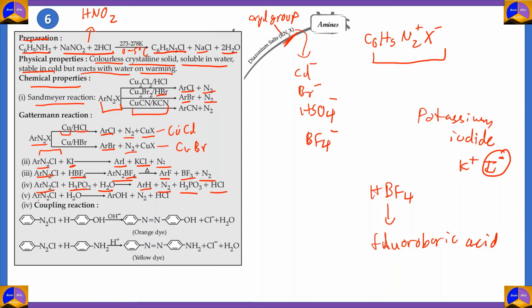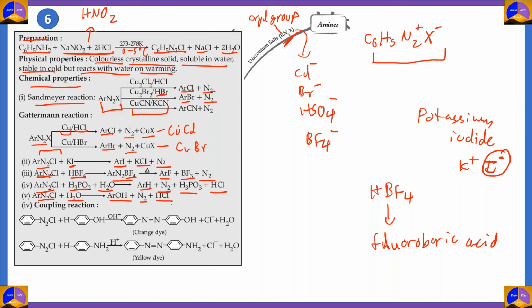The next reaction is aryl diazonium salts reacting with the hydroxyl group. So basically it's replacement by the hydroxyl group. It reacts with water to form ArOH. So that's the aryl diazonium hydroxide salt. And then we form nitrogen and HCl.